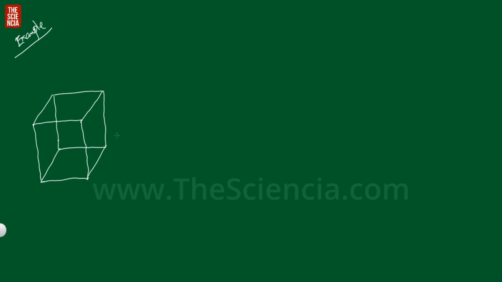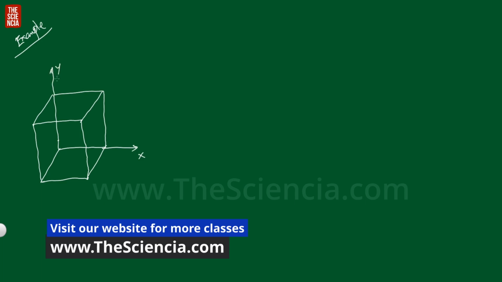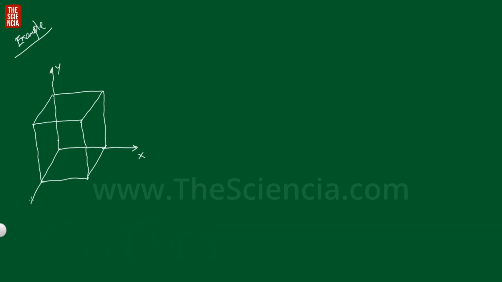These are its x, y, and z coordinates. Here I am choosing this corner as the origin, that is 0, 0, 0, and the side is a. I want to find the moment of inertia tensor for this body.